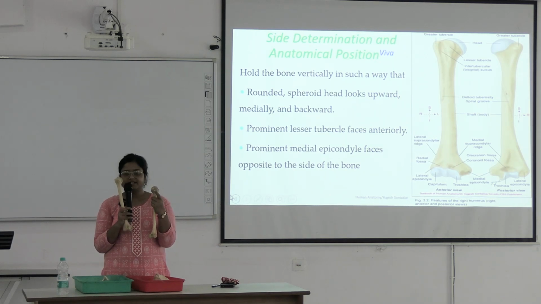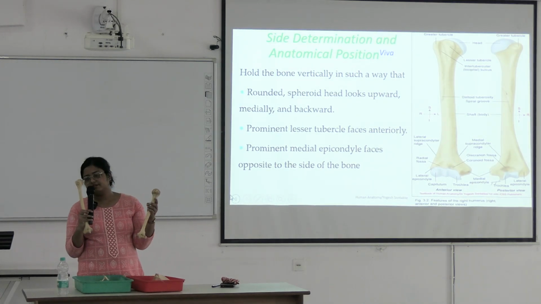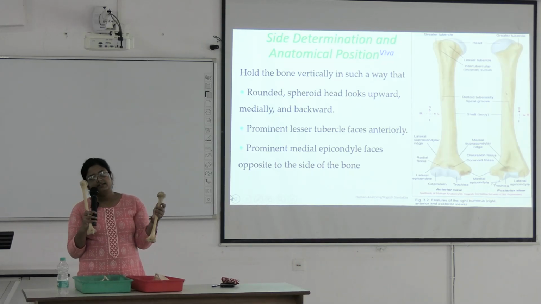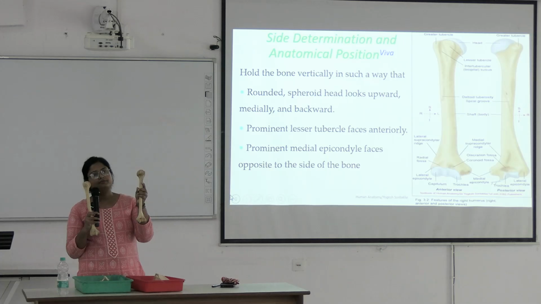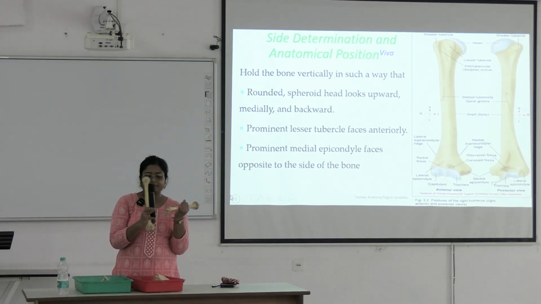Lesser tubercle is medial, greater tubercle is lateral. In between the two tubercles, intertubercular sulcus. Okay, understood? So this is the humerus of the right side in my right hand and the left humerus of the left side in my left hand, and hold the bone vertically like this. And another important point, this deep fossa, the olecranon fossa, you have to place posteriorly.